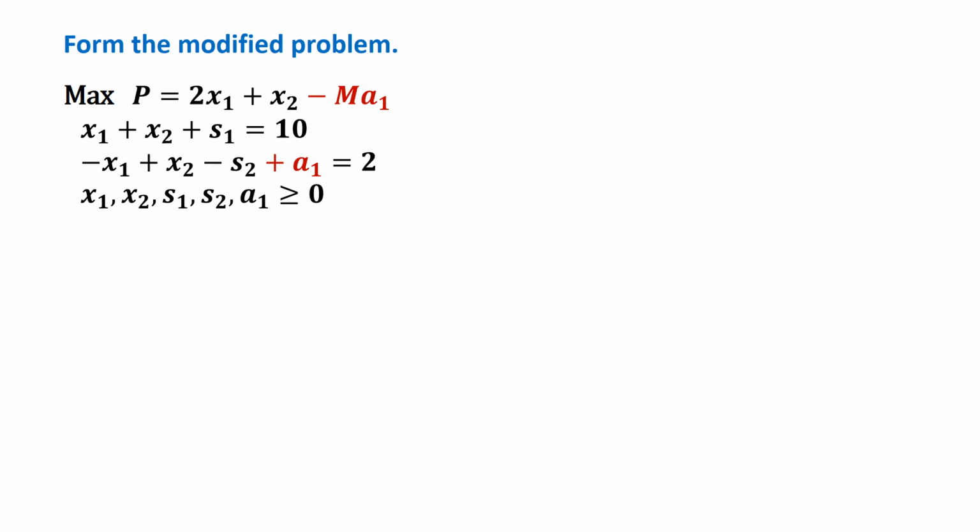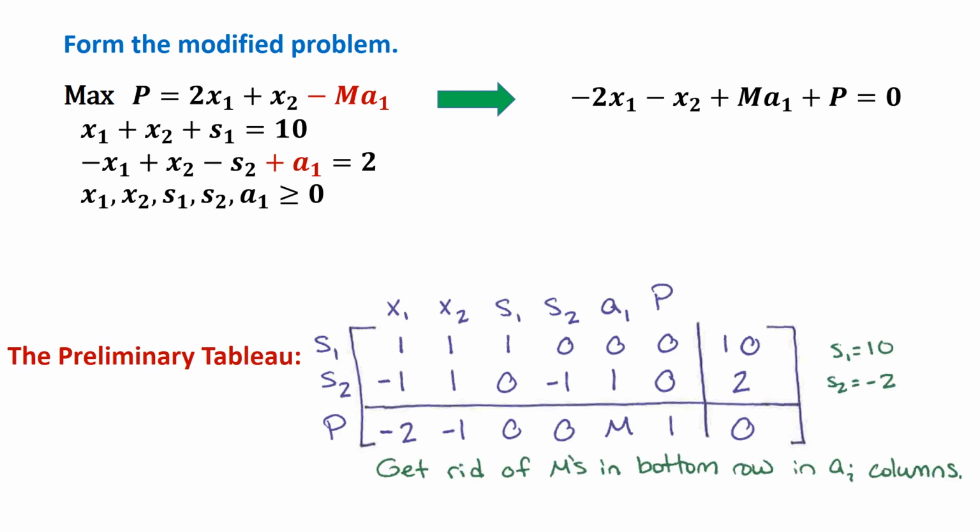Now to get this ready to put in a tableau, we need to solve our objective function, get it equal to 0. So we have negative 2x1 minus x2 plus ma1 plus p equals 0. So we use this to form the preliminary tableau. So constraint 1 gives us row 1. Our variables are x1, x2, s1, s2, a1, and p.